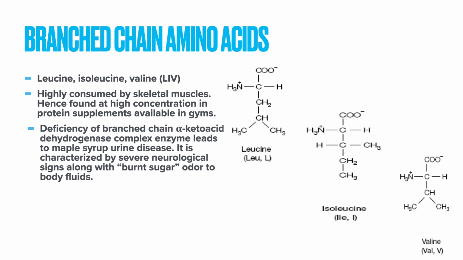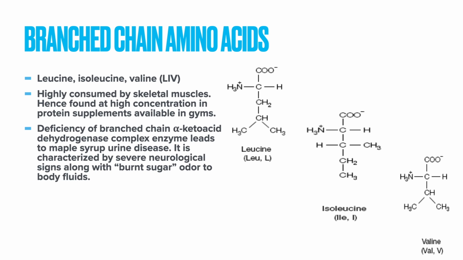Also, when these branched chain amino acids undergo metabolism, especially catabolism, there is a requirement of an enzyme called branched chain alpha-keto acid dehydrogenase complex. This complex allows these branched chain amino acids to get into catabolism and give energy.